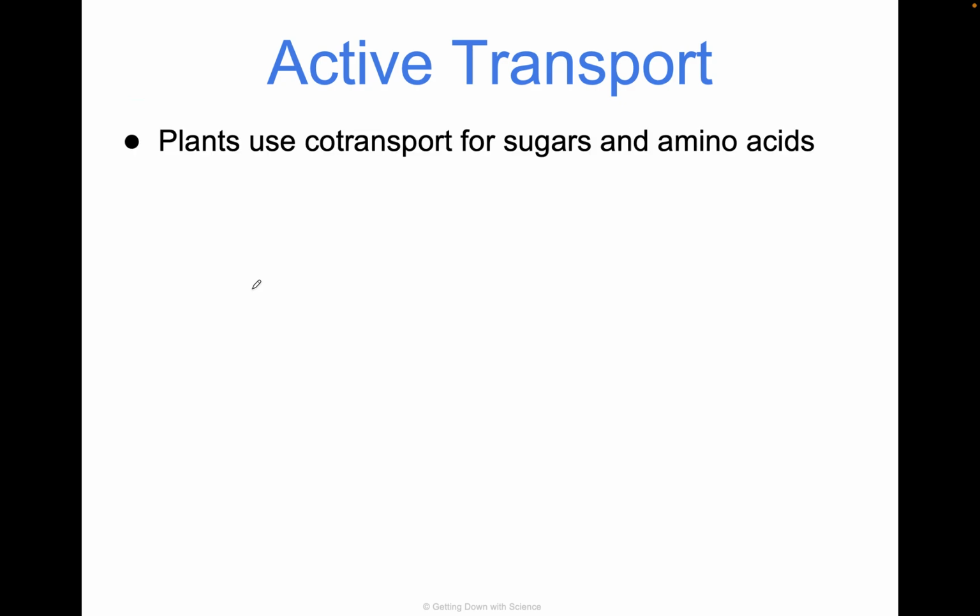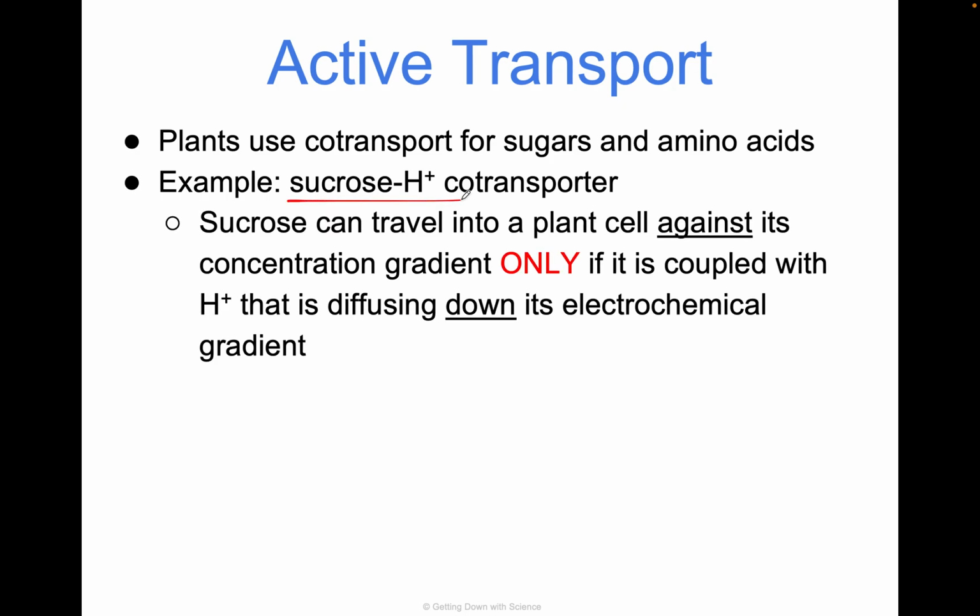Okay, plants use co-transports for sugars, for amino acids. One of these is the sucrose hydrogen co-transporter. So sucrose can travel into a plant cell against its gradient only if it's coupled with a hydrogen that's diffusing down its gradient. So sucrose can only go up against the gradient from outside to inside the cell, right?